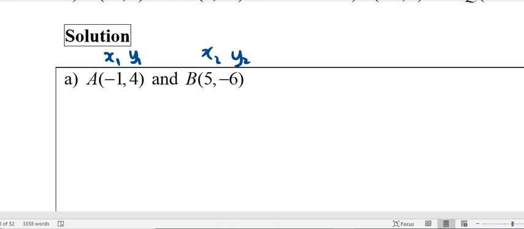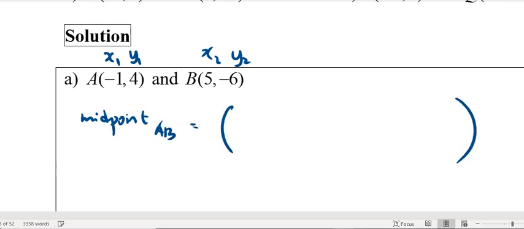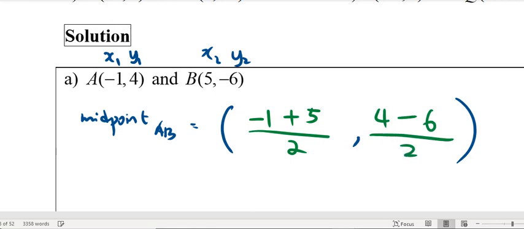After that, the midpoint of AB will be, do remember coordinate will be with bracket, x1 add up with x2 divided by 2, after that y1 add up with y2 divided by 2.